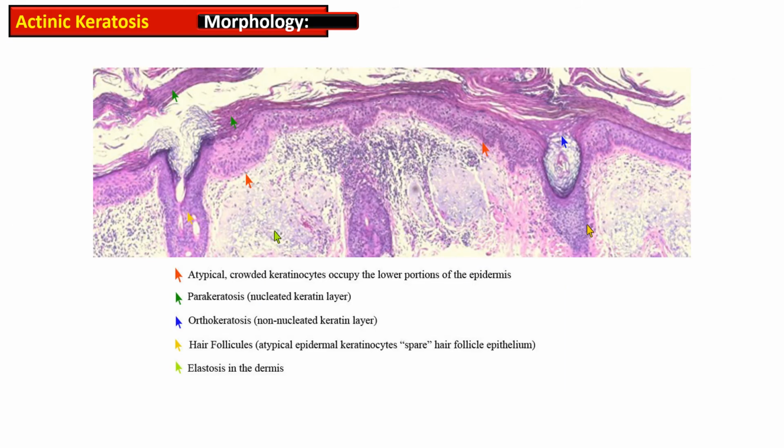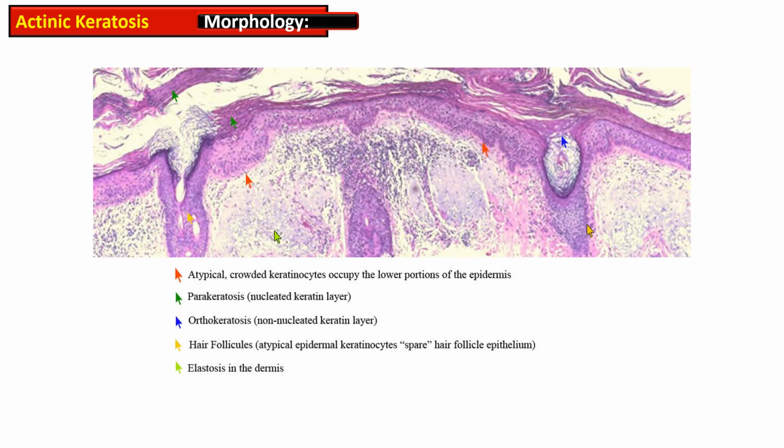This photomicrograph is showing the features of actinic keratosis. This red arrow is pointing towards the atypical crowded keratinocytes that are present in the lower portion of the epidermis. Then this dark green arrow is pointing towards the parakeratosis, that is the presence of nuclei within the stratum corneum.